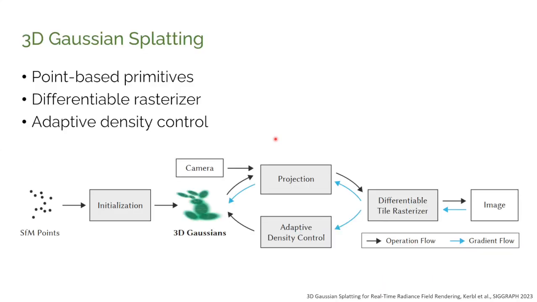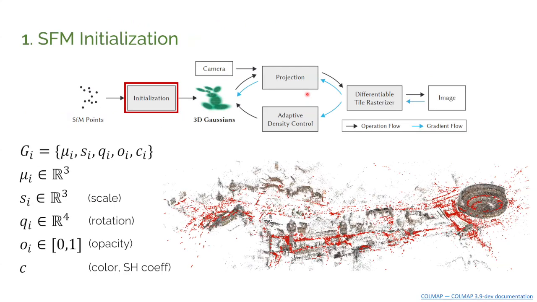So this is 3D Gaussian splatting. I think everyone knows this figure. This is from the original paper. There are a couple of important components, and the first one is the initialization. 3D Gaussian splatting is basically 3D Gaussians, and each Gaussian has many attributes.